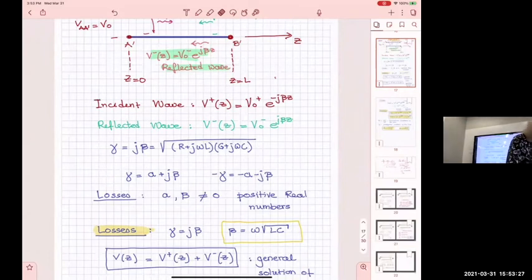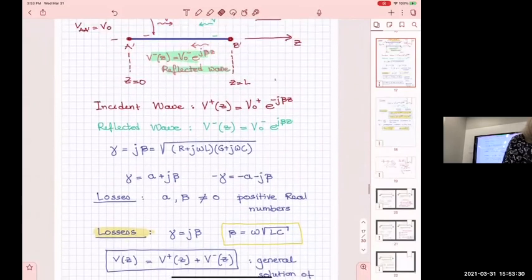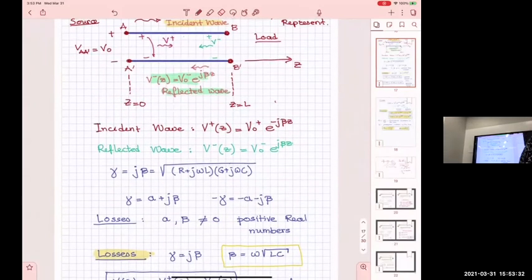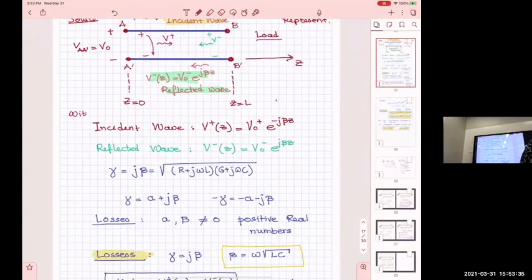In that case, with losses, this one changes into minus gamma z, and this changes into gamma z, where gamma is given by this, and gamma has the value of alpha plus j beta.